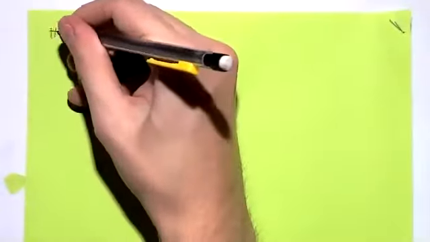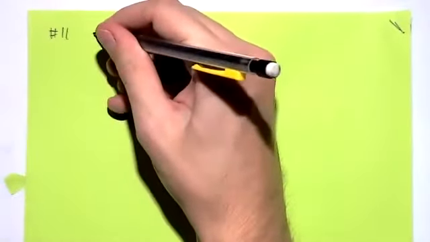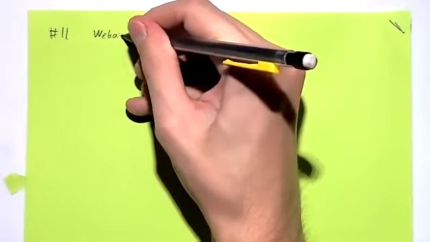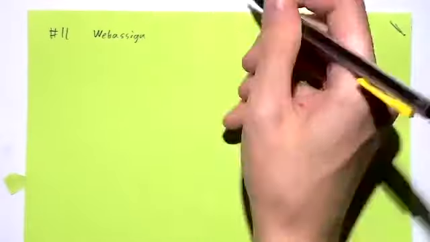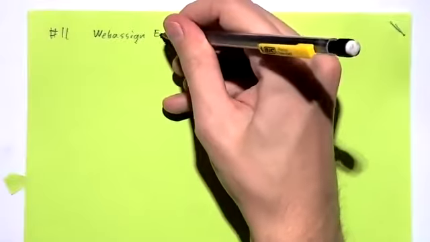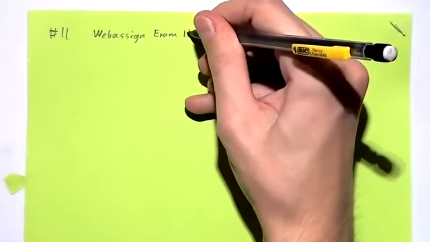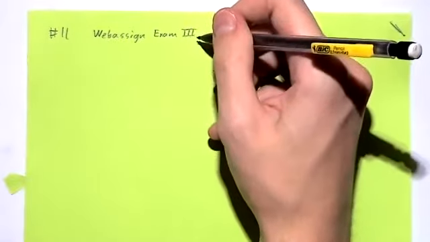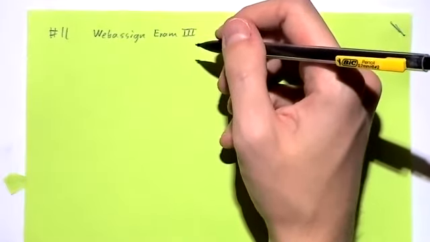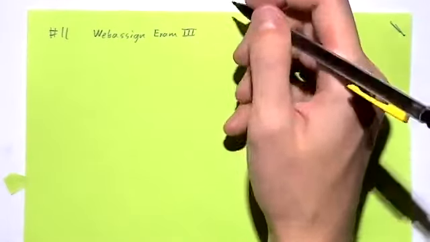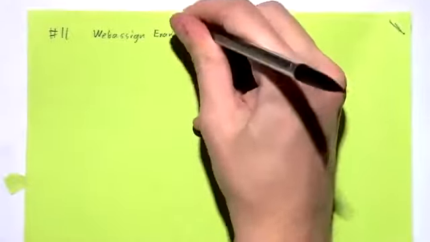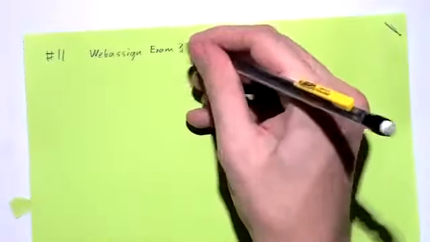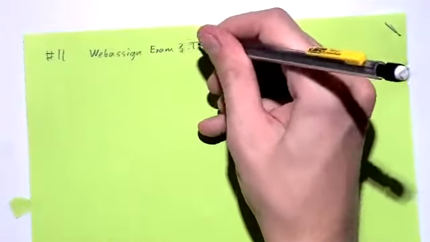So number 11, and this is WebAssign, exam 3, that would be 5, right? I think it's exam 3, and I think it uses Roman numerals for the version. So exam 3 and then IB.